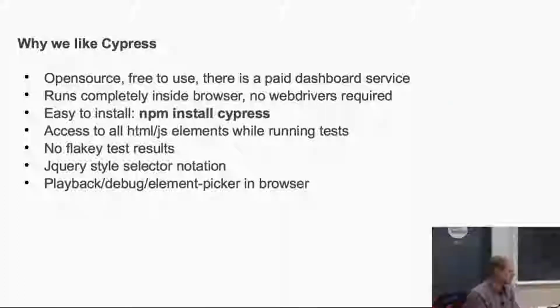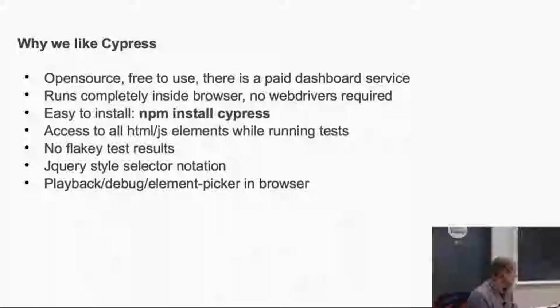When you're writing your tests and you want to access a specific element in your DOM that has a path to it, you can use the jQuery notation to access those things. So no more XPath, no more fooling around with that stuff, just easy.